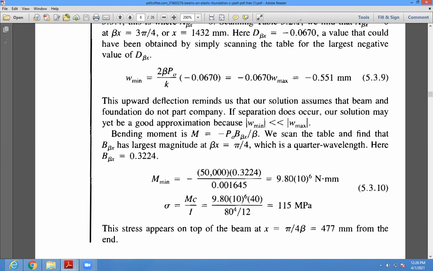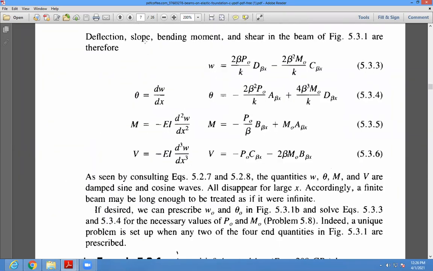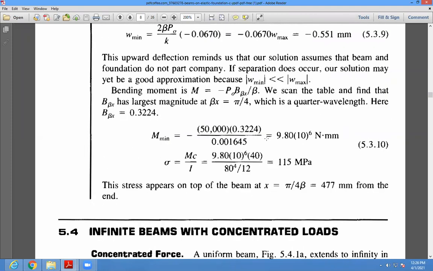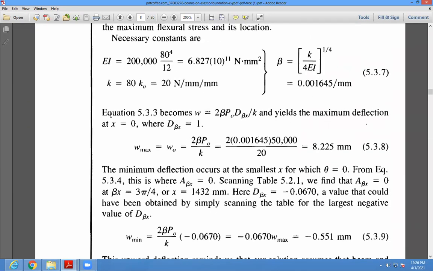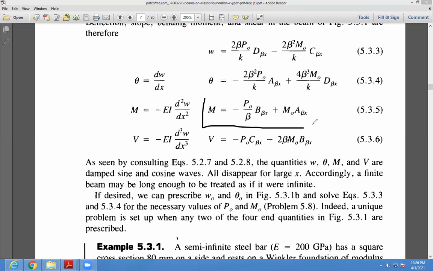Next line. Write down this equation. M is equal to minus P naught by beta b beta x plus M naught a beta x, that is for bending moment.